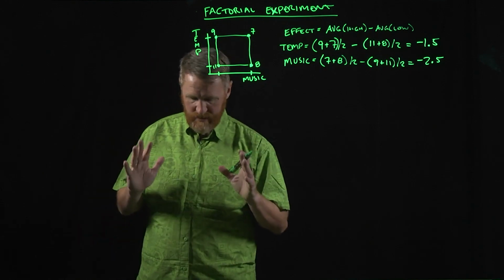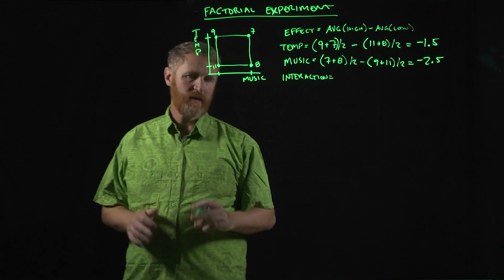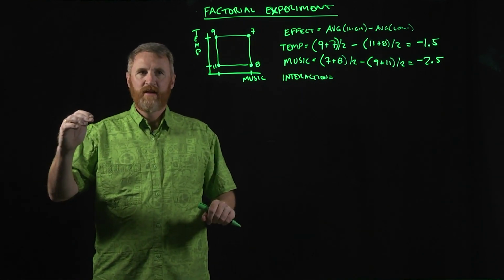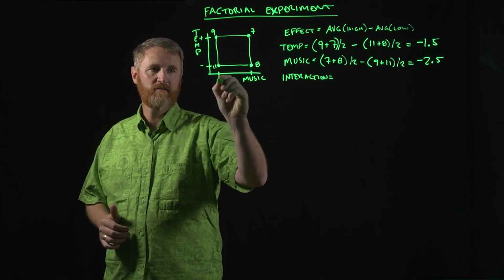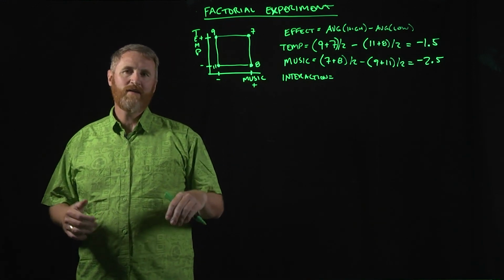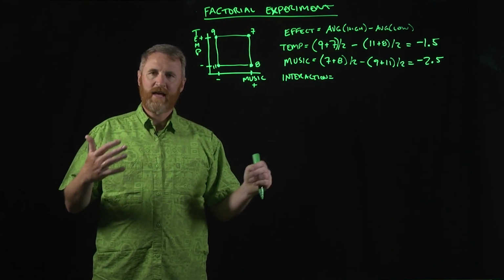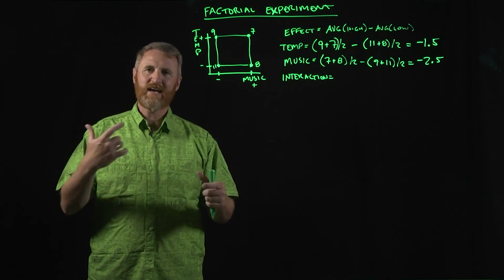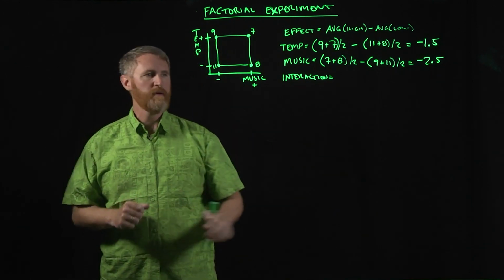Well, I told you that there was this interaction effect. So how do we test the interaction? Well, it's the same way. But if you think about it here, if I have a high, let's indicate that with a positive, and the low is a negative. Then when you have a positive times a positive, that's a positive. When you have a negative times a negative, that's a positive. And when they're different, they're negative, right? So when would the multiplication of these two factors be positive?